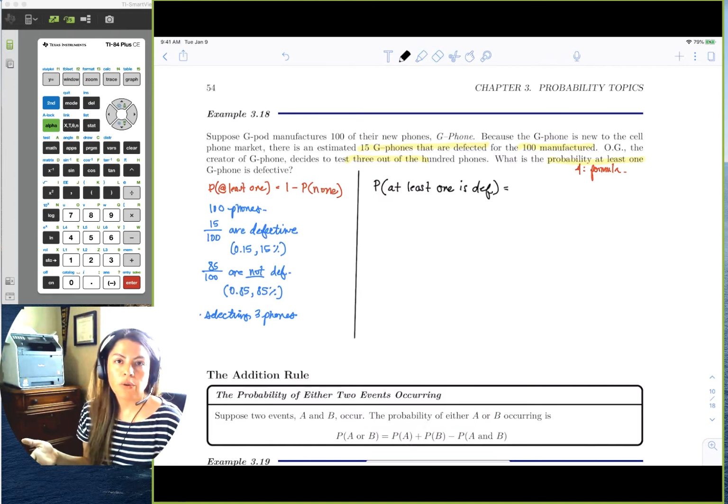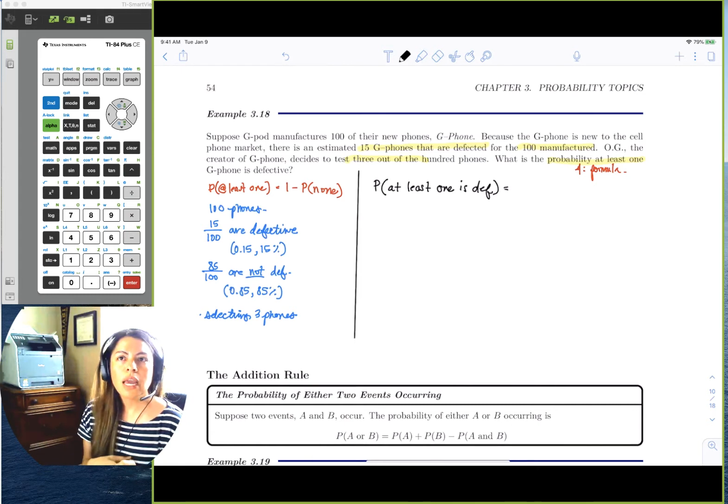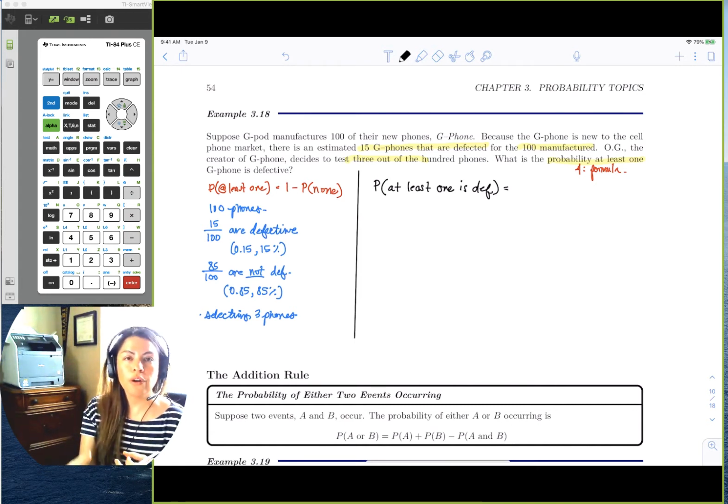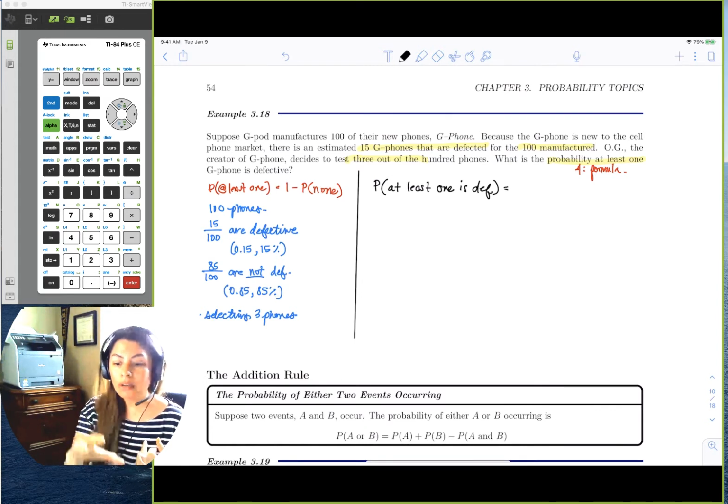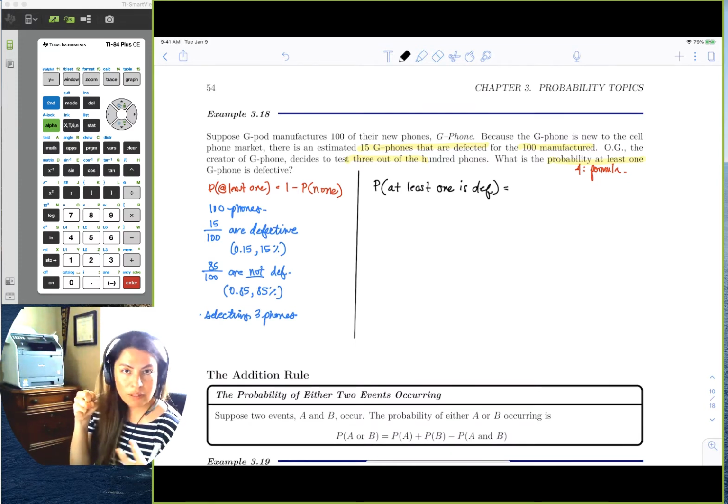The assistant is going to go down and just take 3 phones. So as the assistant is grabbing the phones, is it with replacement or without replacement? If you said without replacement, you're correct, because they're going to take a phone, and there's going to be less phones in the box, less defective, less non-defective. And you grab a second one, that changes the probability. Now there's only 98 phones left when you grab that 3rd phone.